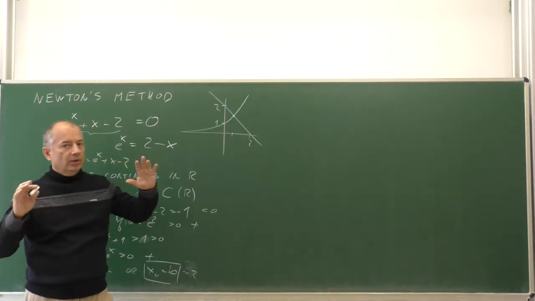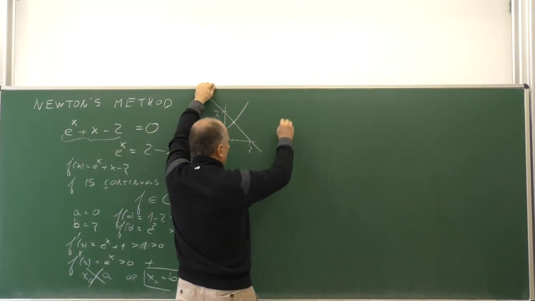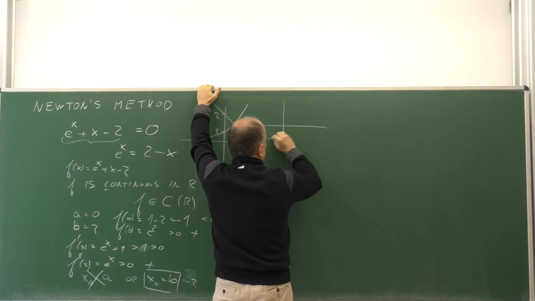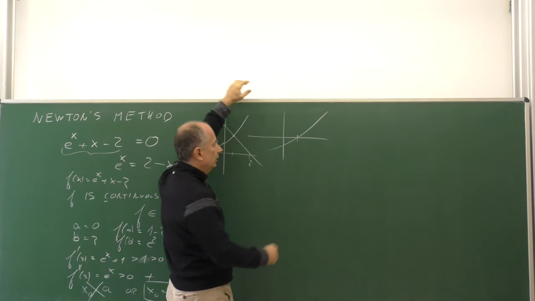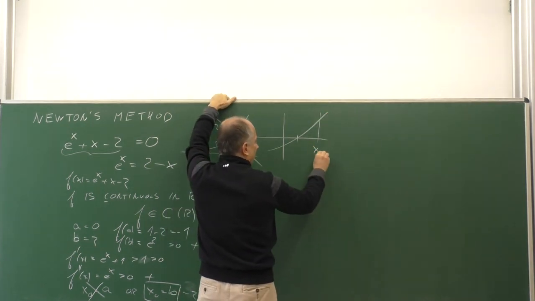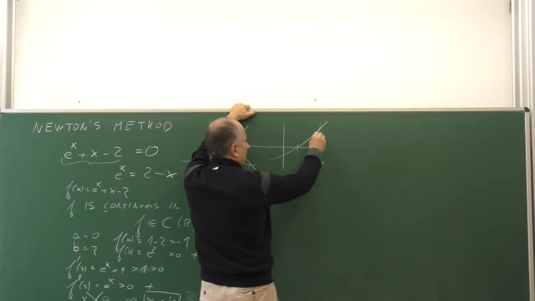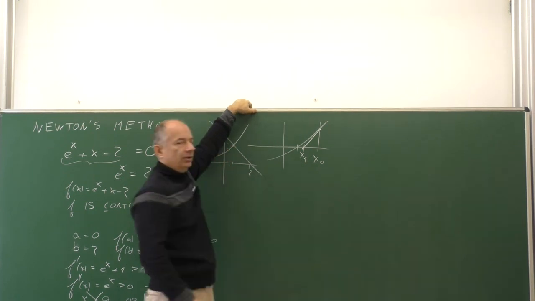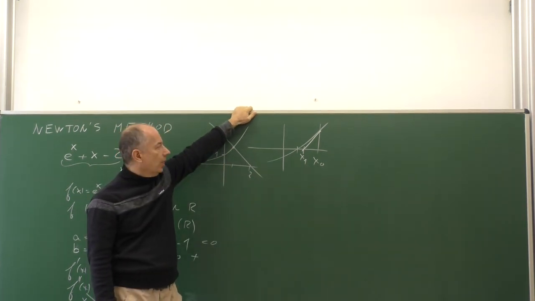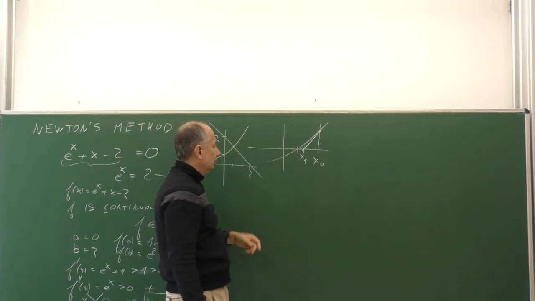Let me quickly derive the Newton's method once again. If we have a function that crosses the x-axis and we want to find this point, starting with some initial approximation x0, then we consider the tangent line, and where the tangent line crosses the x-axis, we call this the point x1, and this is the better approximation to the root.